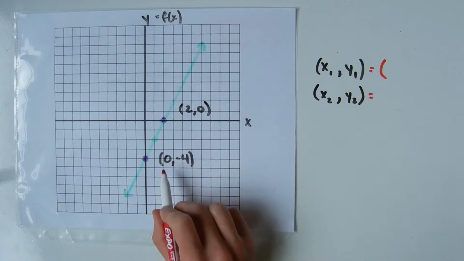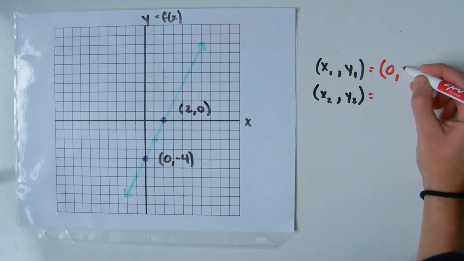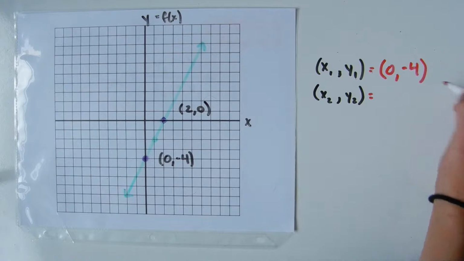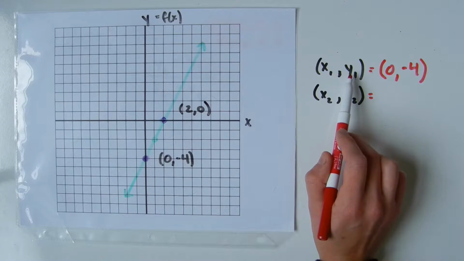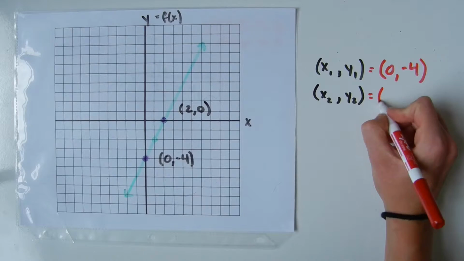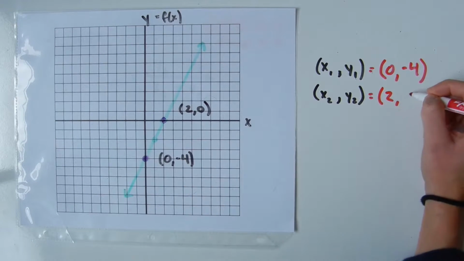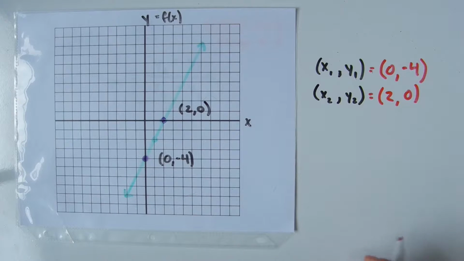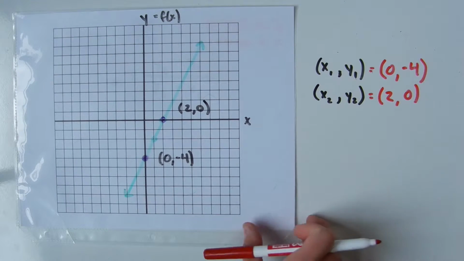So for our x1, let's use 0, comma, y1 would be negative 4. So we're using the point 0, negative 4 as x1 and y1. As x2 and y2, we're going to use the other coordinate, 2, comma, 0. Now, let's plug these points into our slope formula.